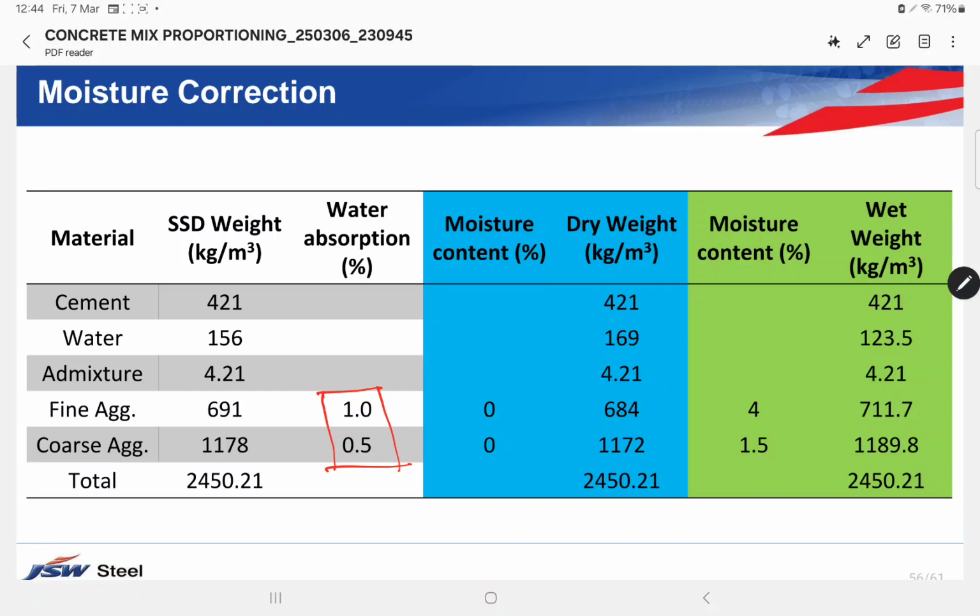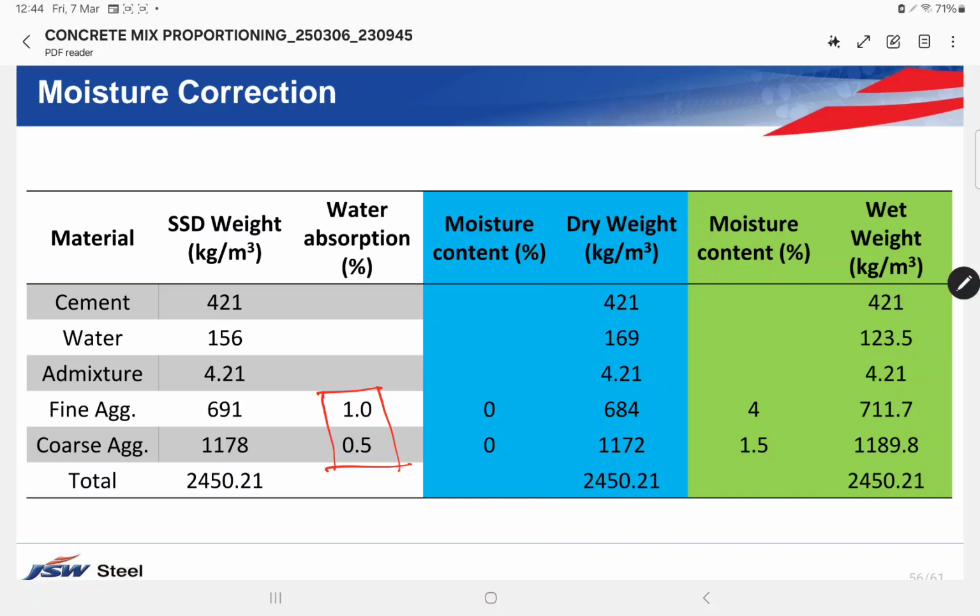If you don't do any adjustment, these dry aggregates will absorb water from the mix, and it will affect the workability of your concrete. Your concrete will become very stiff. Therefore you need to add some additional water when your aggregates are in dry condition.